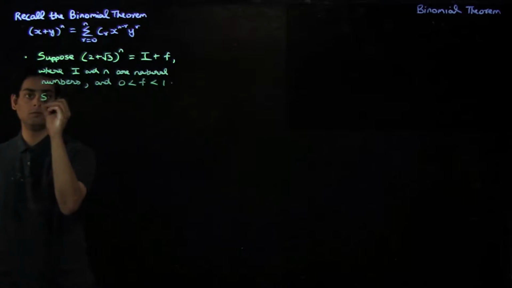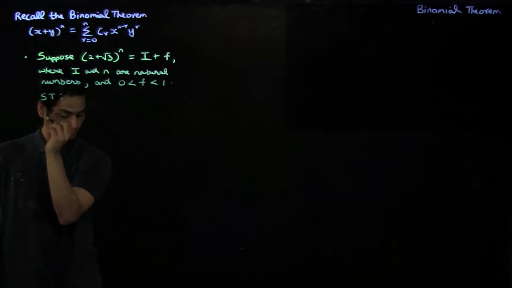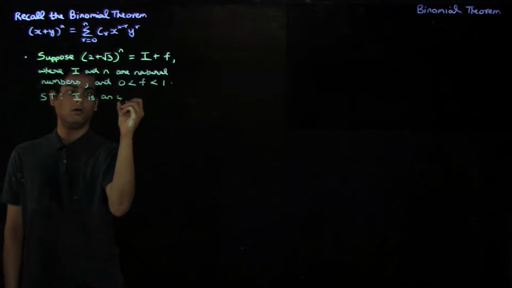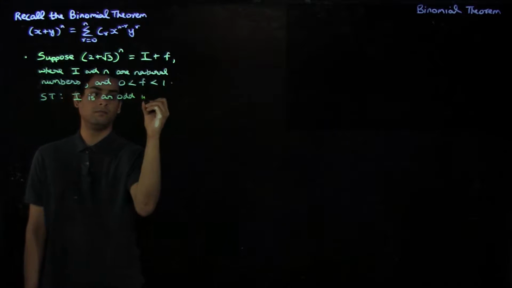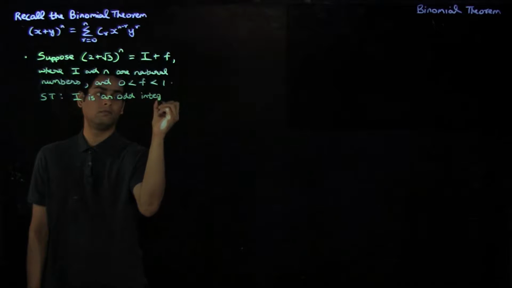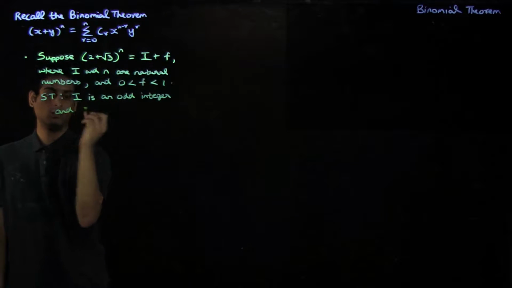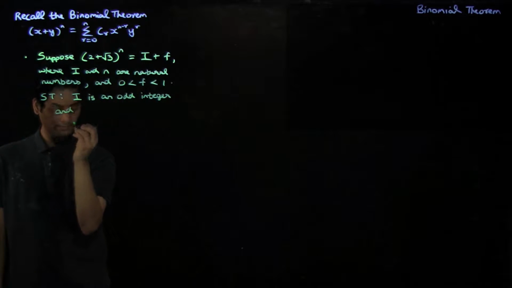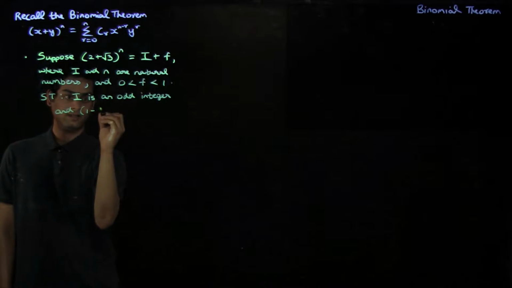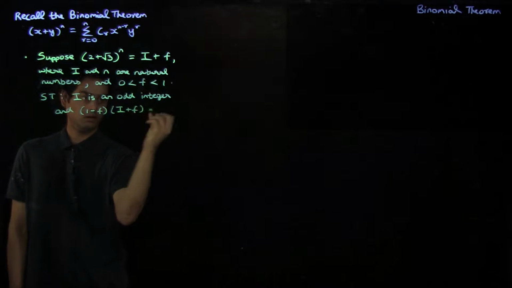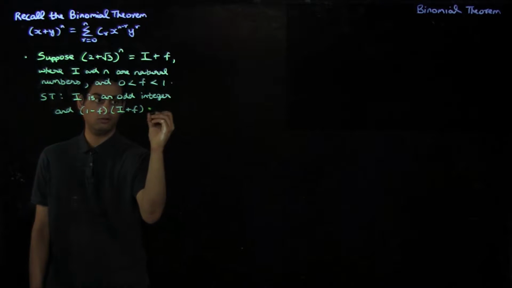We are asked to show that I is an odd integer, and also that (1 − f)(I + f) equals 1.